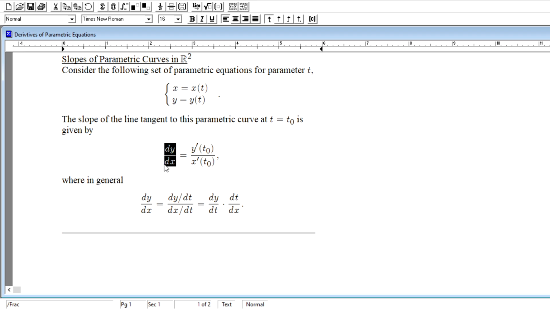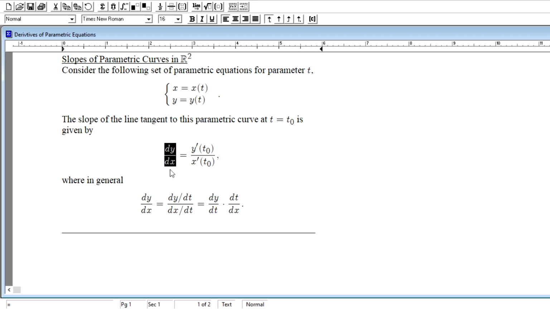In the parametric context, slope of the tangent line or slope of the curve is still understood as rise over run, the change in the y values over the change in the x values.